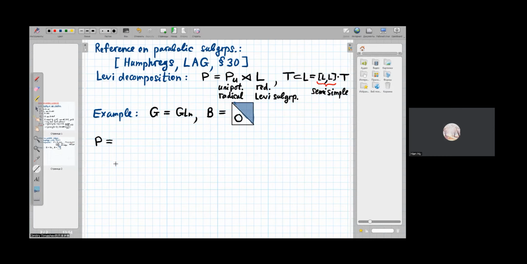As I said, any parabolic subgroup containing upper triangular matrices is actually a group of the following form. It consists of blockwise upper triangular matrices, so it looks like this. We have this block structure.